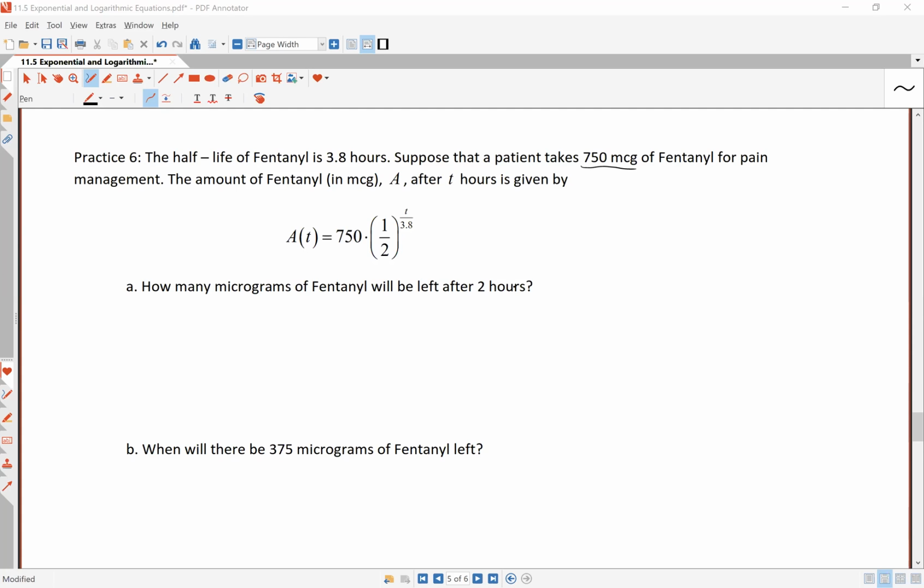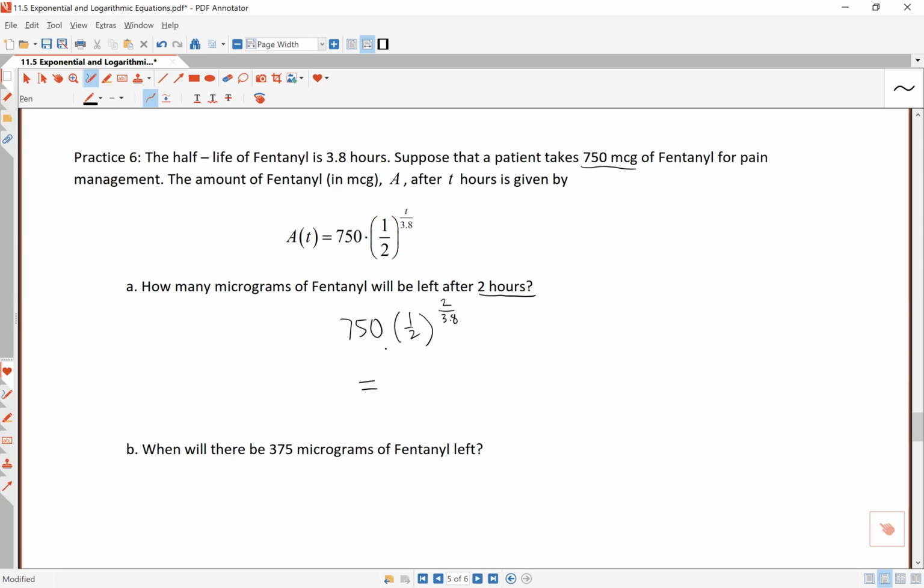We start with 750 micrograms of fentanyl, and we want to know how many micrograms are left over in our system after 2 hours. So we plug in T equals 2 hours. And since we haven't let 3.8 hours go by, we're going to have more than half of 750.